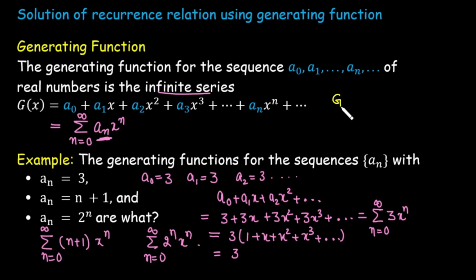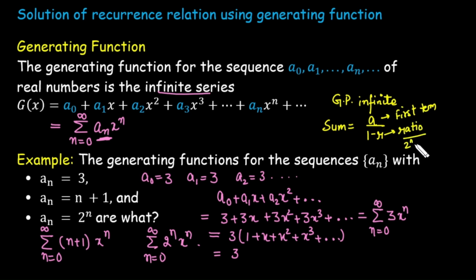For an infinite GP series, what is the sum? The sum is equal to a upon 1 minus r. Here a is the initial term, that is the first term, and r is the common ratio, calculated as the second term divided by the first term.